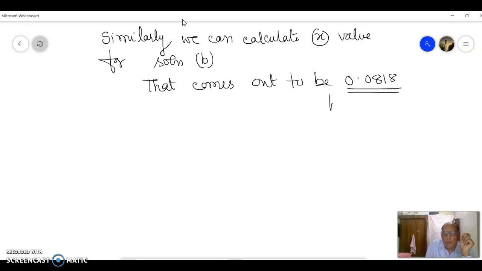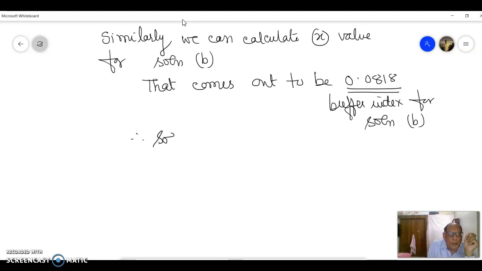This is the buffer index for solution B. Obviously, we can say that the resistance power of solution A is 10 times more than the resistance power of solution B. Therefore, we can say that solution A is better than solution B.